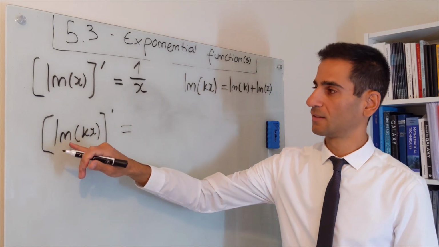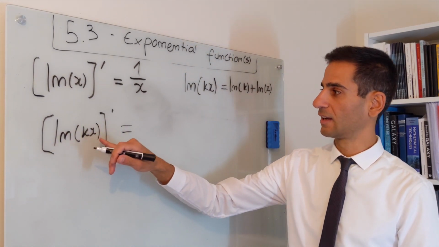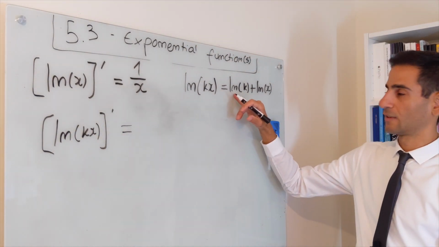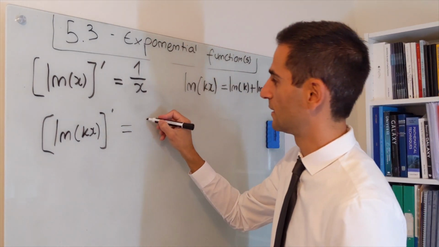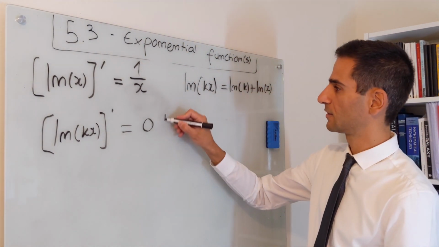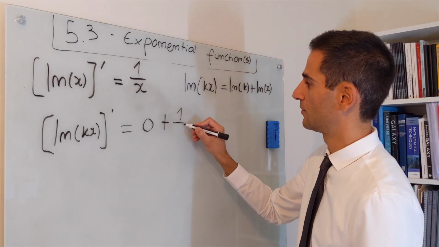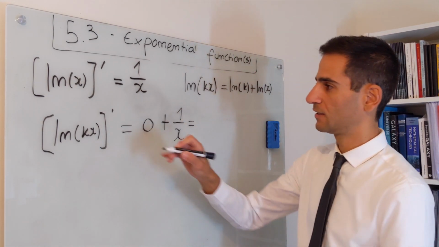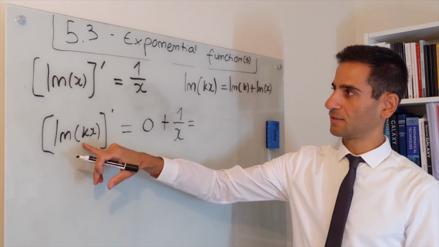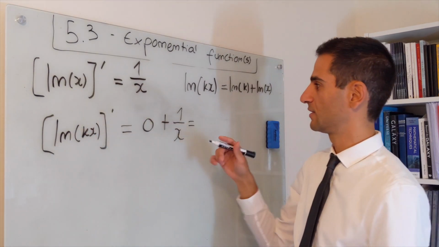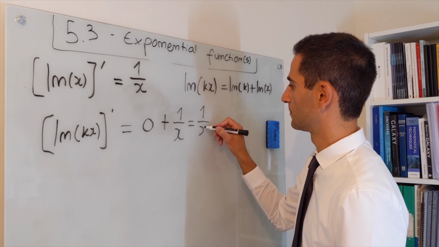This means that the derivative of ln kx is the derivative of ln k, that is 0, plus, because there is no dependence on x, 1 over x. Which means that even if you have a constant here, the derivative is still 1 over x.